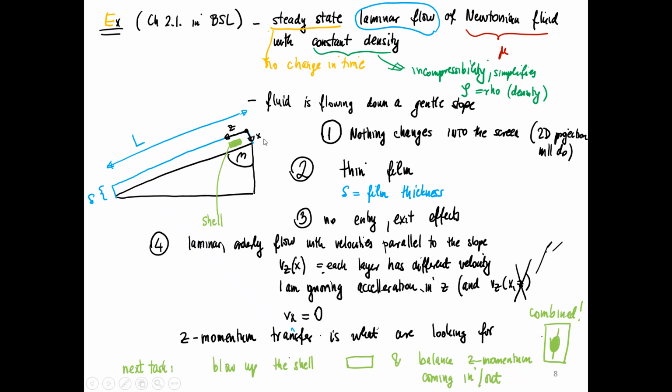Okay? I'm first putting together a coordinate system. That coordinate system should be parallel to the solid boundaries as much as I can. So here I'm going to define the Cartesian coordinate system where z is parallel to this inclined plate and x is orthogonal to it.